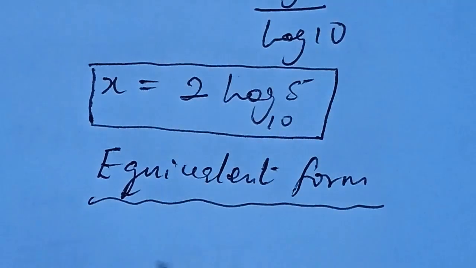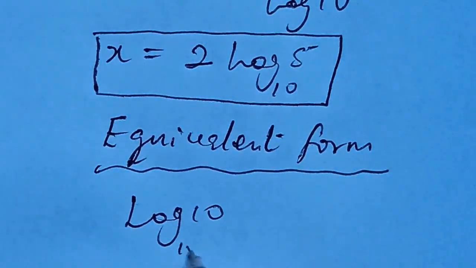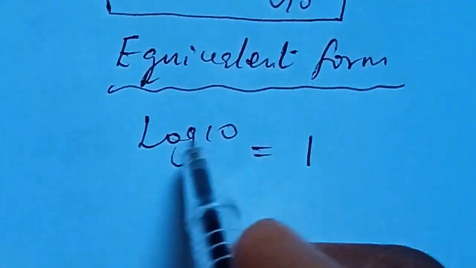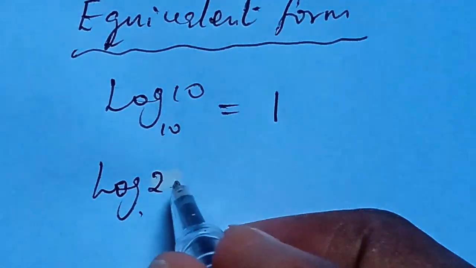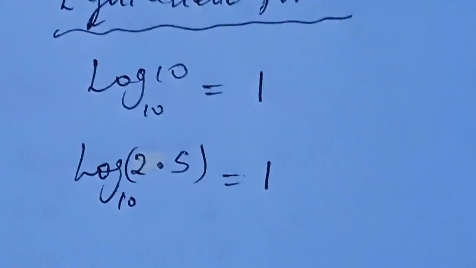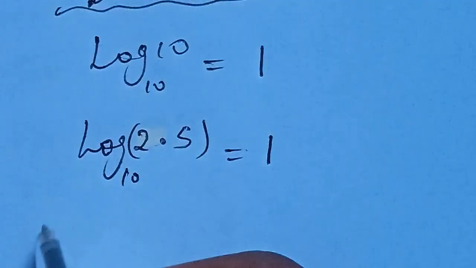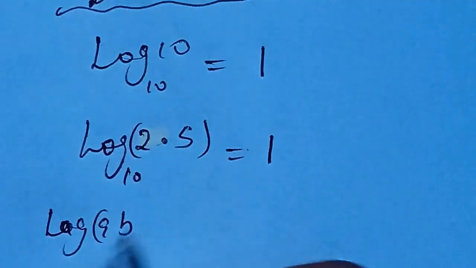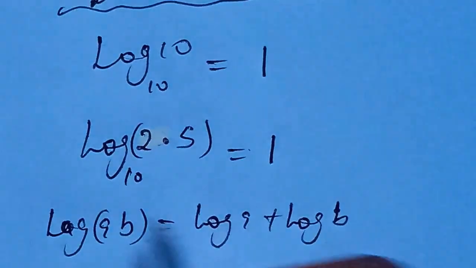is to say, if we have log 10 to the base of 10 equal to 1, we can easily say that this log 10 base 10 can be written as log 2 multiplied by 5 to base 10, which is also equal to 1. Now considering the log identity as well, when we have log a multiplied by b, it is expressed as log a plus log b.